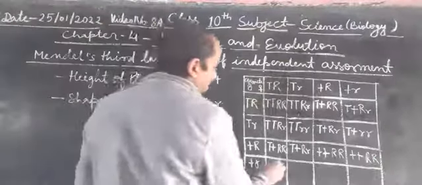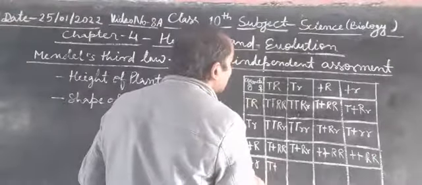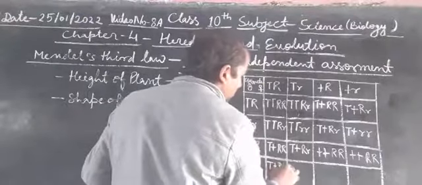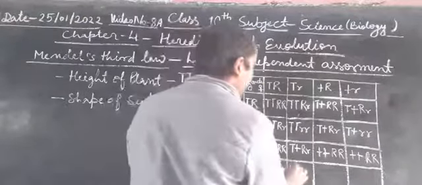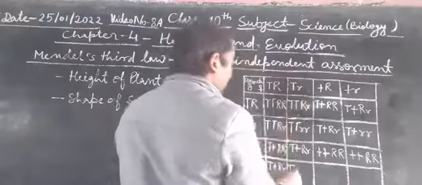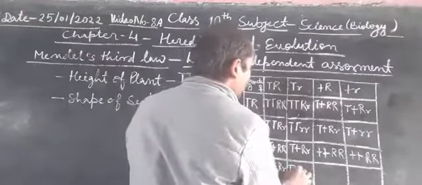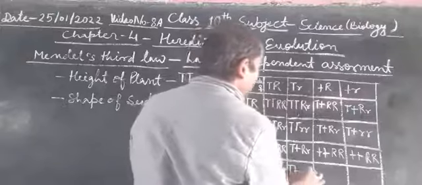Now, capital T, small t, capital R, small r. Now, capital T, small t, capital T, small t, small r, small r.